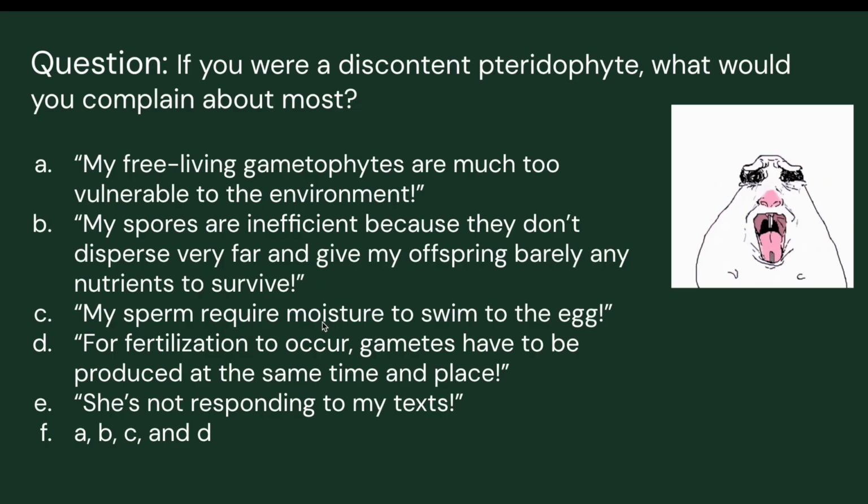Of course, then the gametophytes, if they do live and produce those gametes, not only do they require moisture so that the sperm can swim to the egg, but there is a stipulation that gametes have to be produced at the same time and place. There's no guarantee that your gametophyte will even be able to fertilize anything if there is no egg being produced for the sperm to swim to, right?